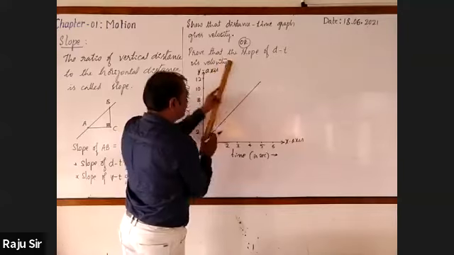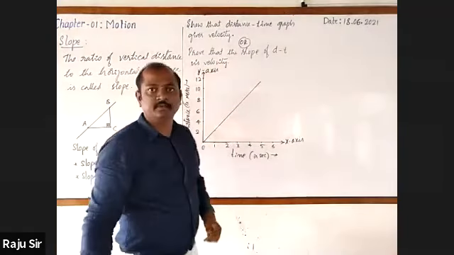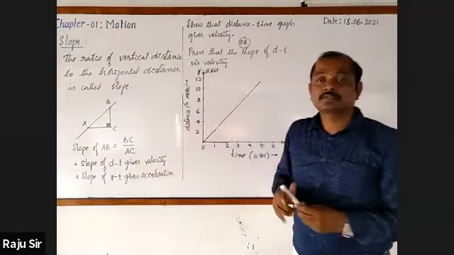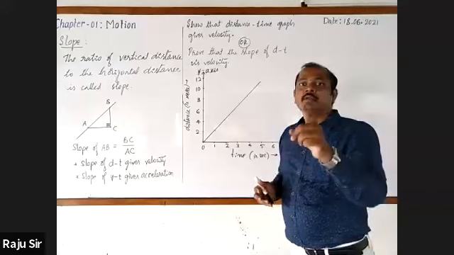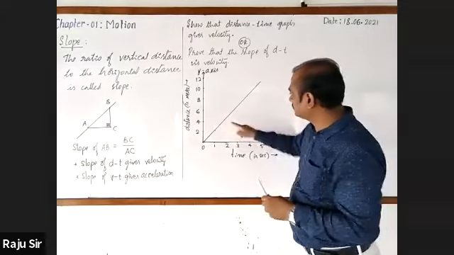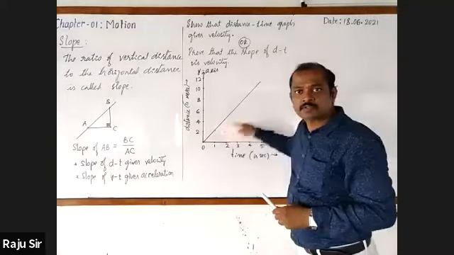You'll get a straight line. The straight line indicates it is uniform motion velocity. Please do remember, the graph of uniform motion is a straight line or linear.